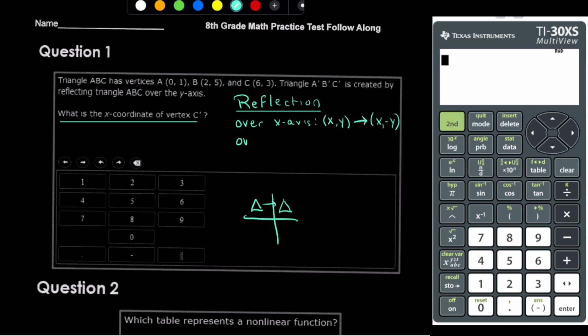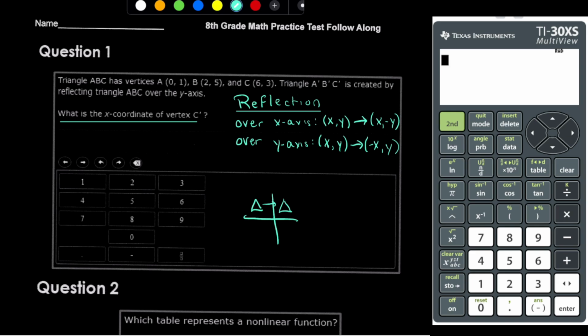If you're reflecting over the y-axis, (x, y) became (-x, y). All you would do is change the sign of the opposite letter.